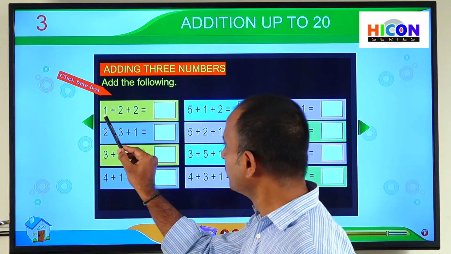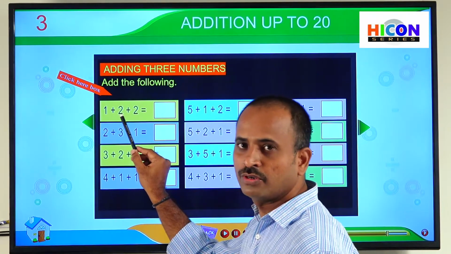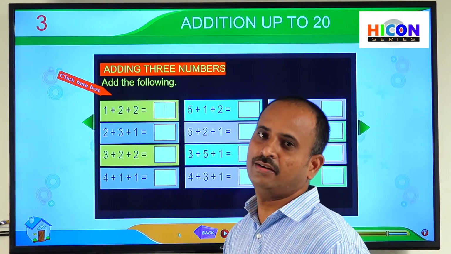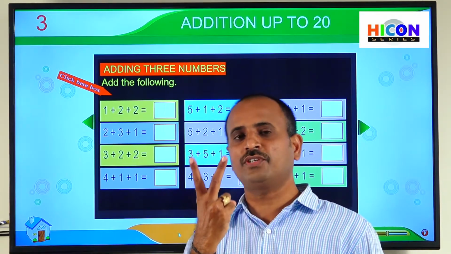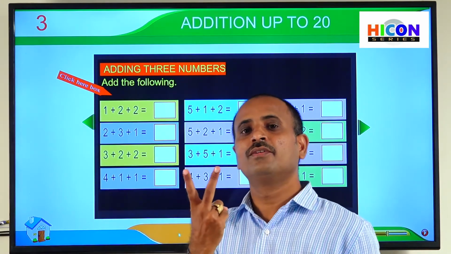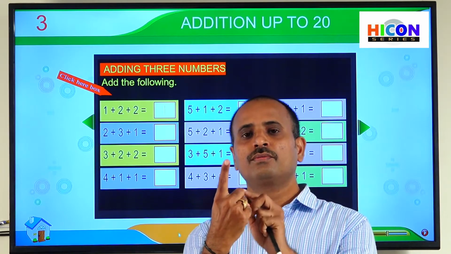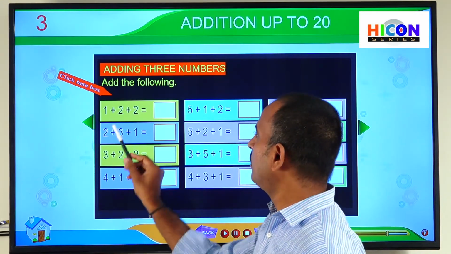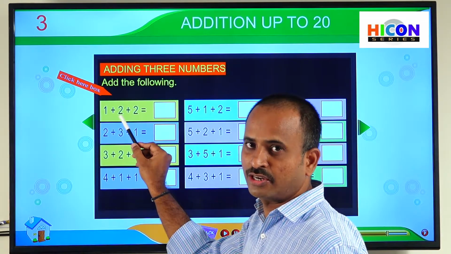So first add these two numbers 1 and 2. So here the second number is 2. So open two fingers of your hand. So 1, 2 and start counting from the first number. Here the first number is 1. So after 1 we will get 2. So start counting with 2. 2, 3. So the sum of the first two numbers is 3 and keep this answer in your mind.